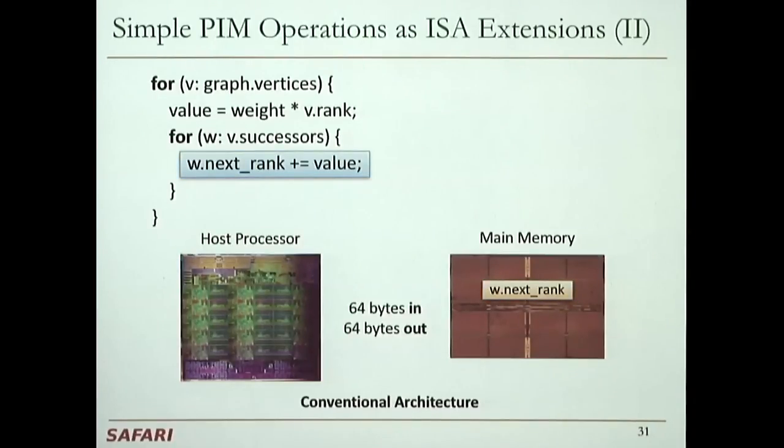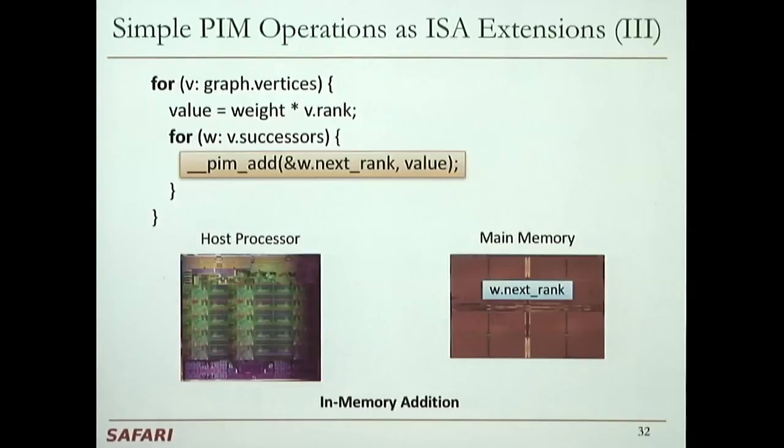That's another possibility. Now, basically, that gets translated into an ISA instruction that looks like this. If it's executed in memory, basically, you send the value to main memory, and that's it. And if you have the interface to send just 8 bytes, that's great. You just need to communicate 8 bytes into main memory. So 128 bytes reduces to 8 bytes, which sounds good, right? OK, so that's the benefit.